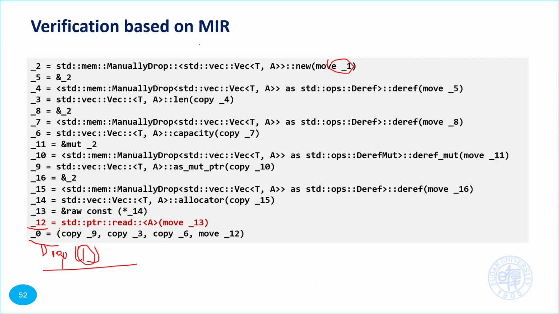So they are shared mutable aliases. For shared mutable aliases, if you mutate through one reference, then it is UB. This is a rule.